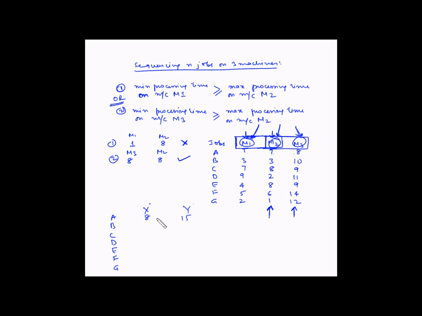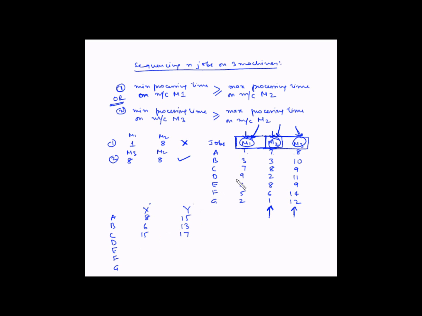B, for X, addition of M1 and M2, so 3 plus 3, 6. And B, for Y, addition of M2 and M3, which is 10 plus 3, that is 13. Similarly for C, 7 plus 8, that is 15. And Y, 8 plus 9, that is 17.